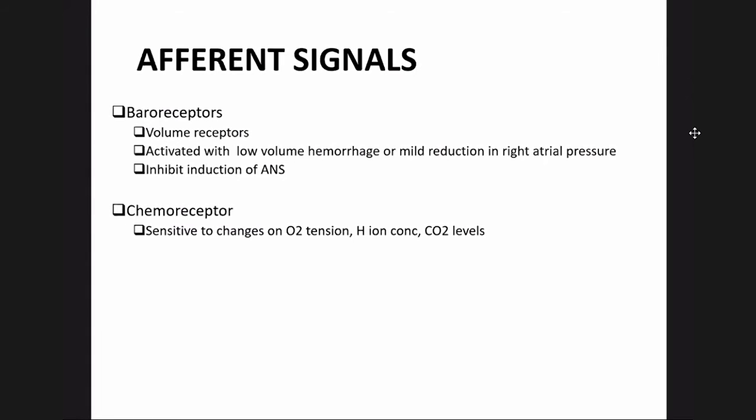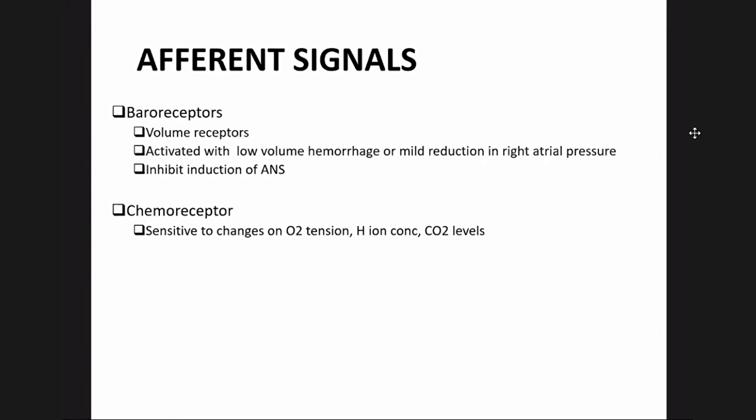So we have baroreceptors and chemoreceptors. Baroreceptors are volume receptors activated with low volume hemorrhage or mild reduction in right atrial pressure, and they inhibit induction of the ANS. The baroreceptor is a fast-acting BP control. So when you have low or high BP, it will be detected immediately, then normalized.